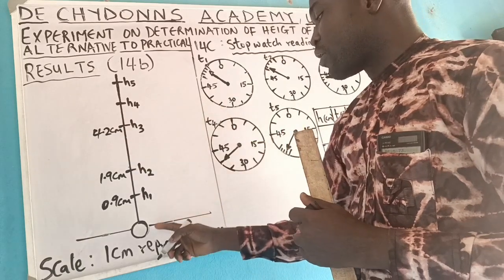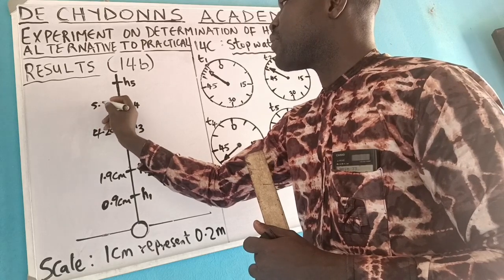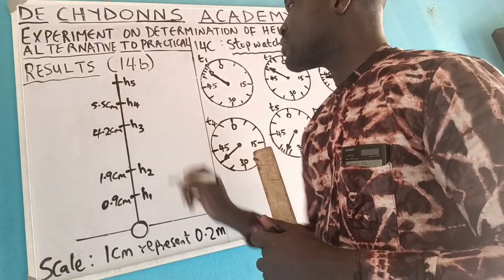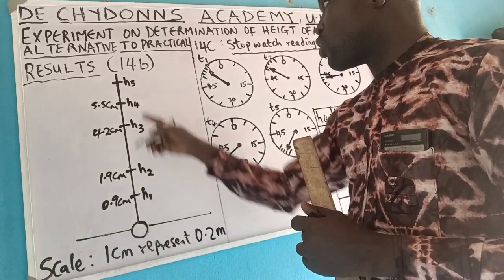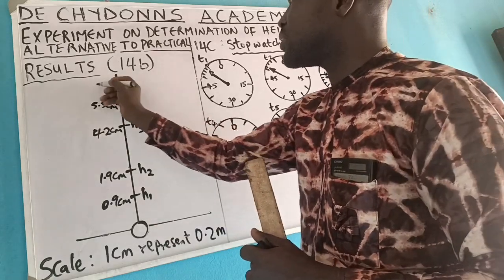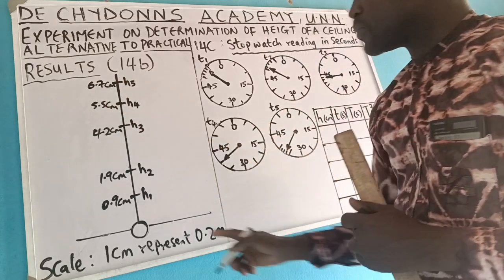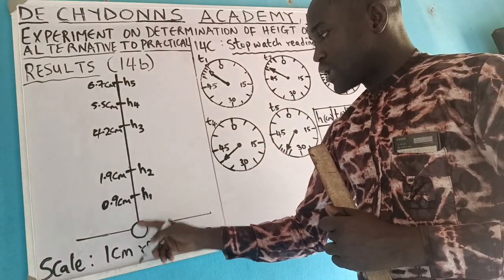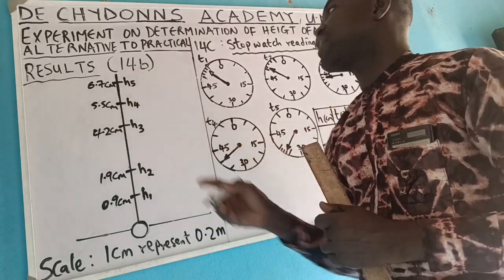From ground level to H4, we got 5.5 centimeter. And to H5, we got 6.7 centimeter. So from here to here, H1, H2, H3, H4, H5.